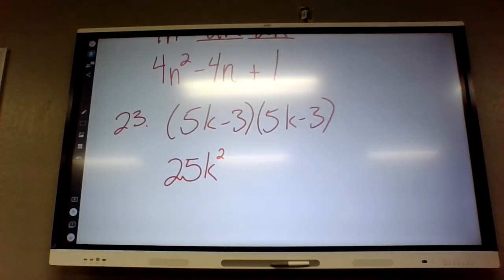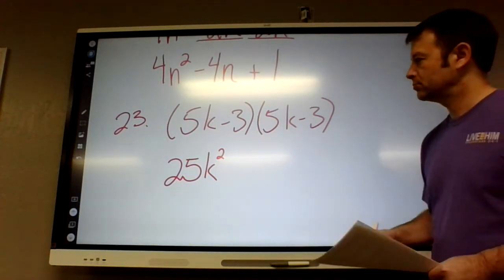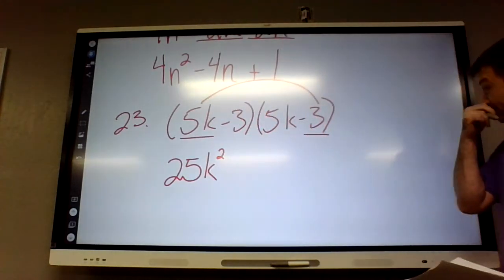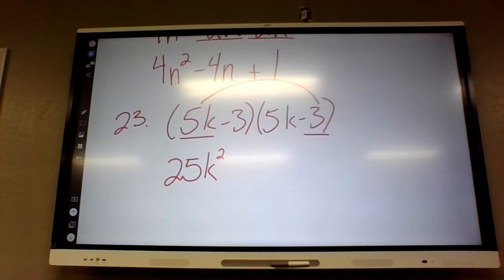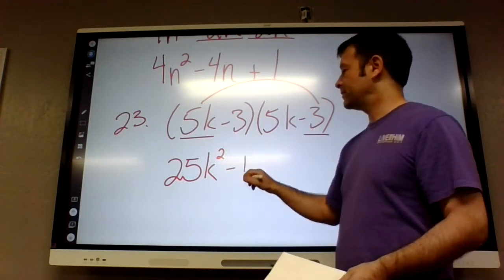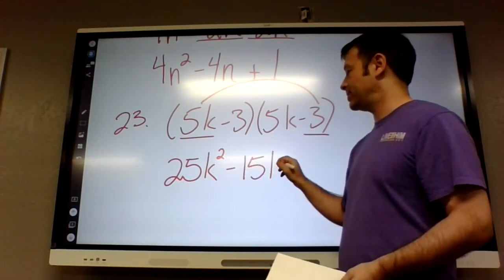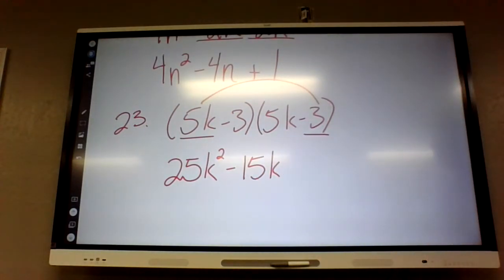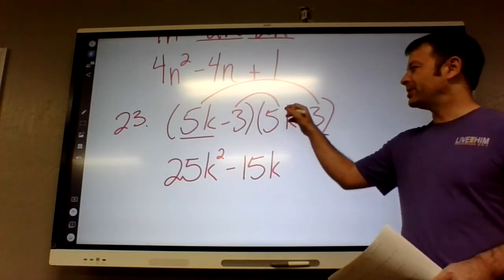Montana, how about the outside? That's a 5k times a negative 3. So what would that make? Well, one negative makes it negative, and then you just do the 5 times 3, and then you don't do anything with the k. This just means 15 times k. We can't really do anything with the times k. Okay, inside looks like pretty much the same thing.